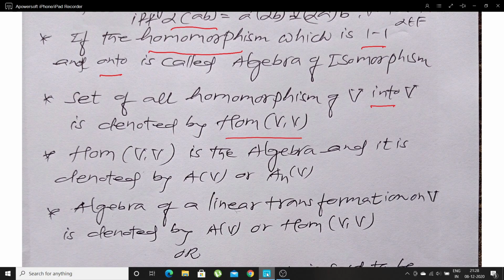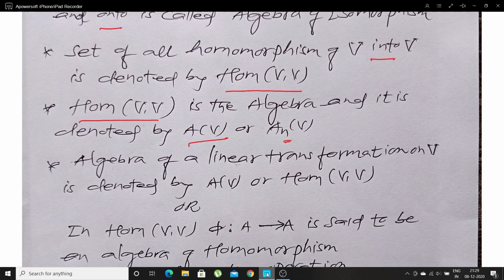V stands for the algebra here. A homomorphism of V into V is an algebra and is denoted by the notation A of V. In other words, A of V containing n elements, that is An of V.